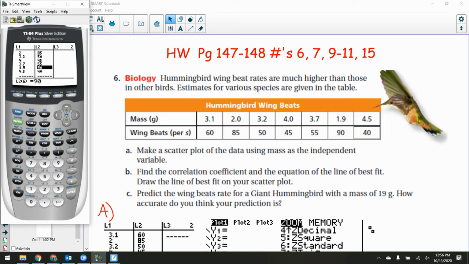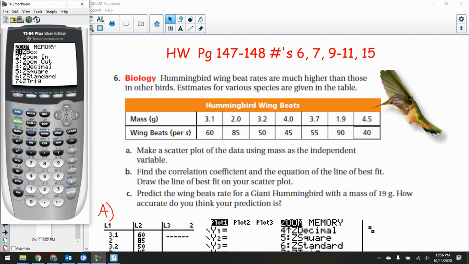All right, make a scatter plot. So for this, you go into y equals, clear out everything that's there. Make sure that your plot 1 is highlighted. And then, now, I like to zoom 6 my graph before I do zoom stat. I don't know if that does anything. I just like to clear it, like to reset it before I do anything.